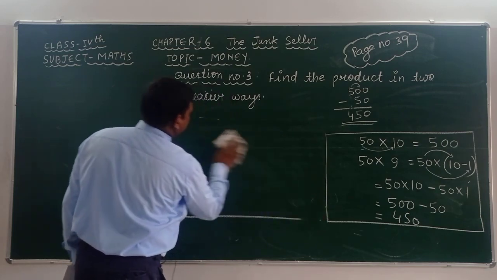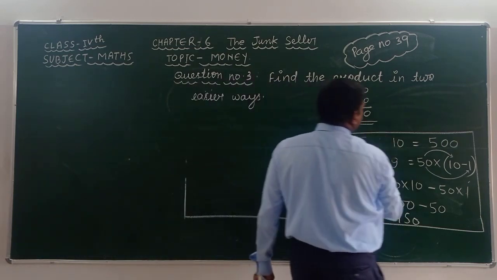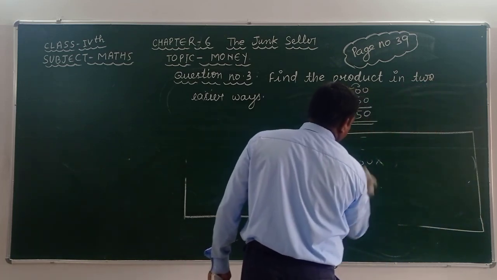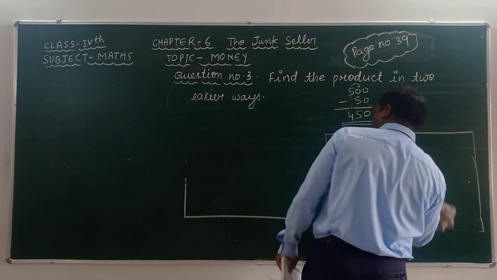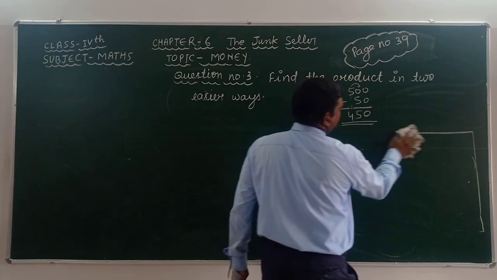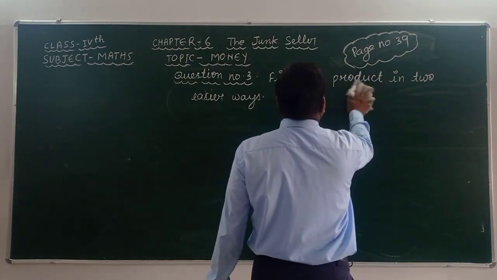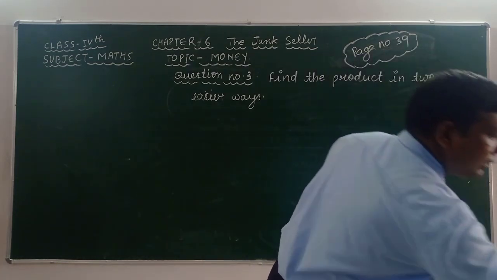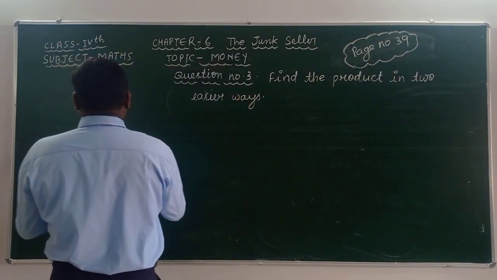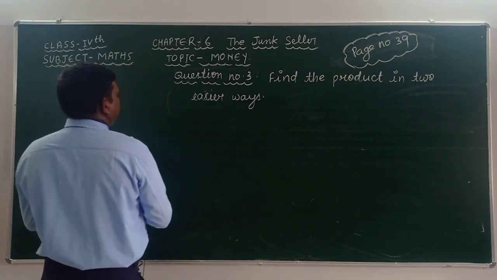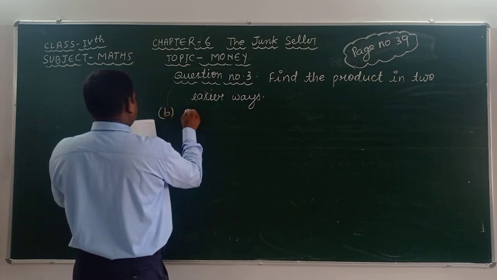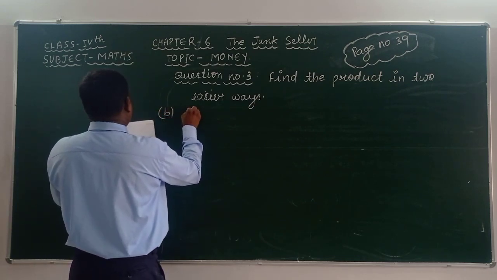Now let's start the second question. Question number 3 of B. In this question here given that 19 into 40.